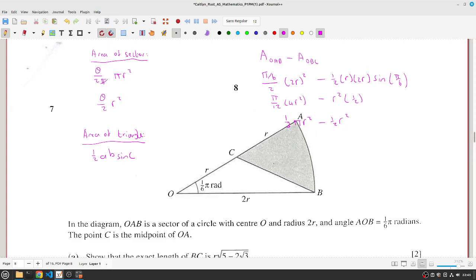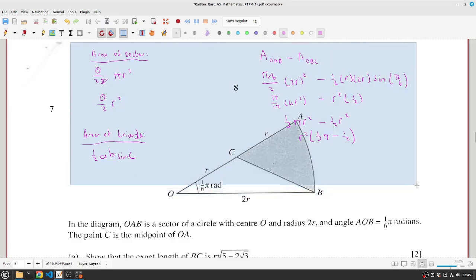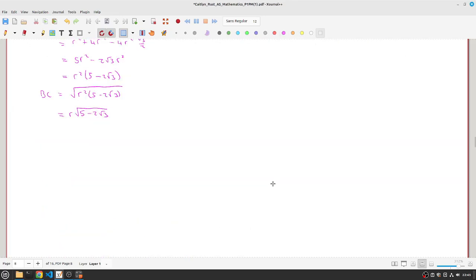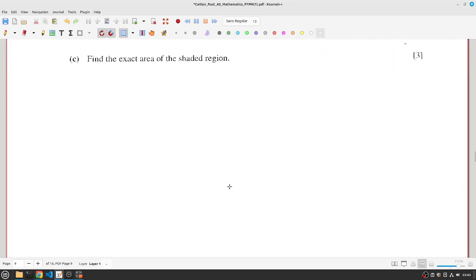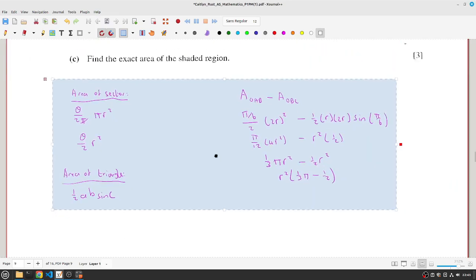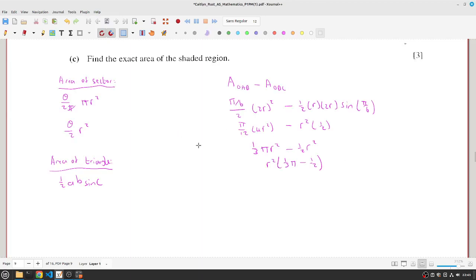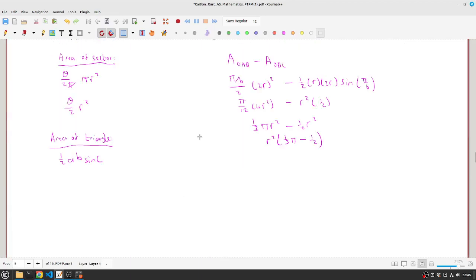And again, let's factor out the radius squared, and we're left with r squared times the third pi minus a half. Okay, and again, let me copy all of this down to the place where we actually needed to do the calculations, right over here. Okay, and again, that was that for question 7.